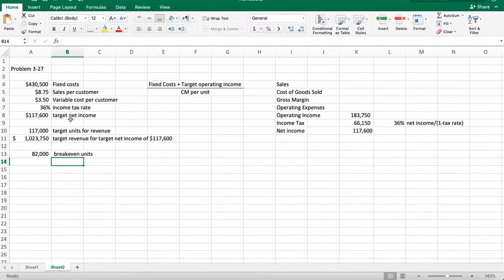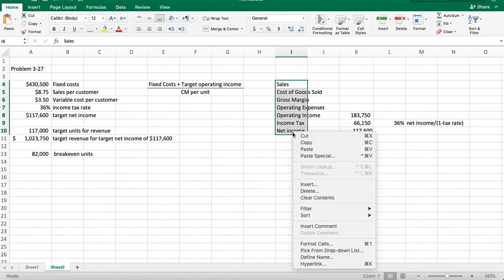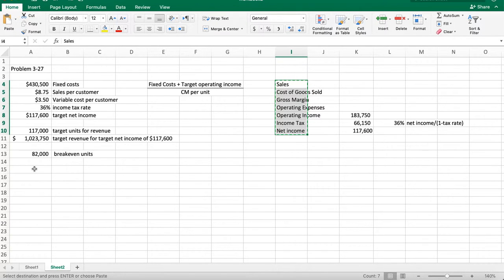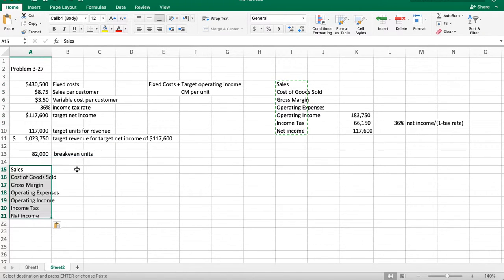Okay. And then it says, compute the net income if the number of customers is 170. Okay, so we're going to come over here and I'm going to use, oh, I can't do that. I use those in a formula. Okay, let me copy this over here. And it says, what if it's 170,000 units?